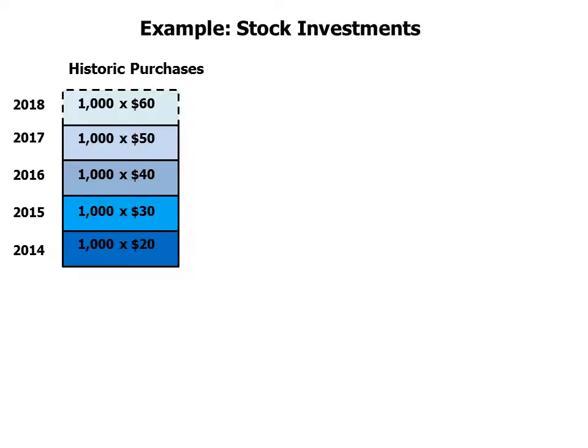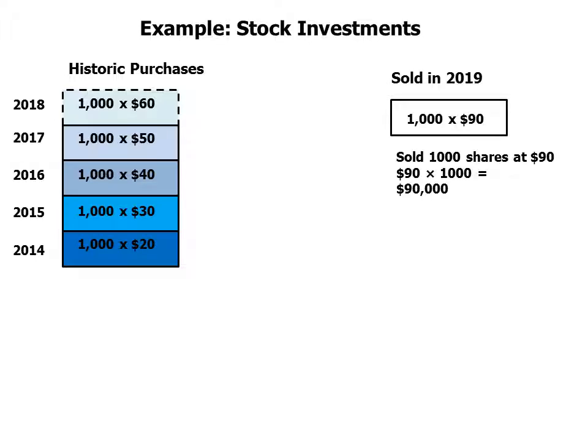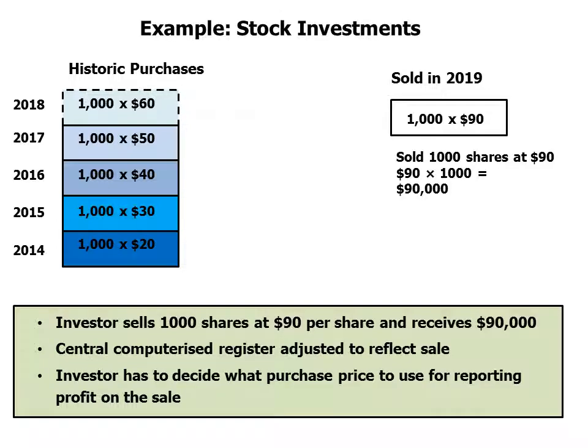So in 2019, the price has appreciated to $90, and the investor decides to sell 1,000 shares. So selling 1,000 shares at $90, ignoring transaction costs, they'll receive $90,000 in cash from the sale. The central computerized register will be adjusted to reflect the sale, to reflect the smaller number of shares that the investor owns.